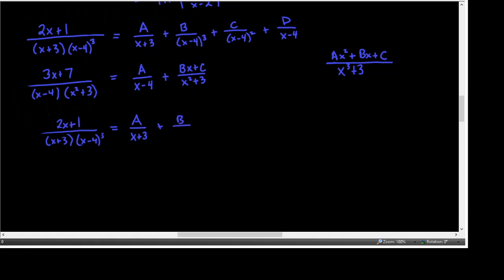So this factor is a linear factor that has a power on it. Just because the power is 3 doesn't mean it's cubic on x. It's the factor's degree that matters, not how many times it's repeated. So I do not need for this a bx squared, etc., because the factor itself is linear. Okay, so this is over linear x minus 4, which happens to be squared, and d over x minus 4.